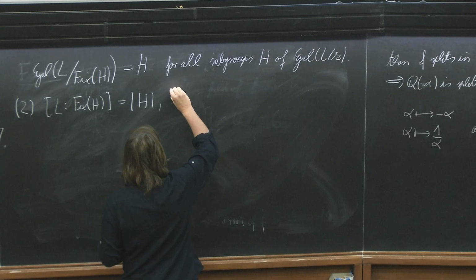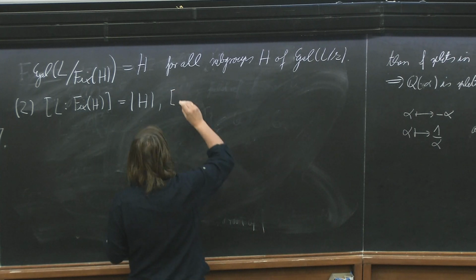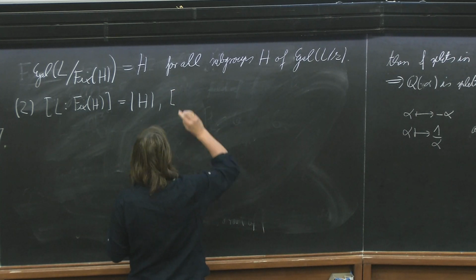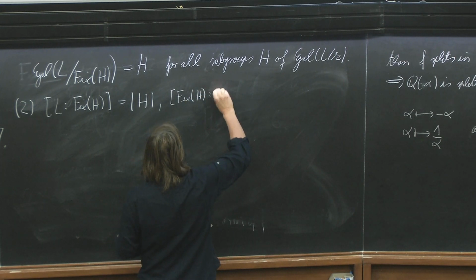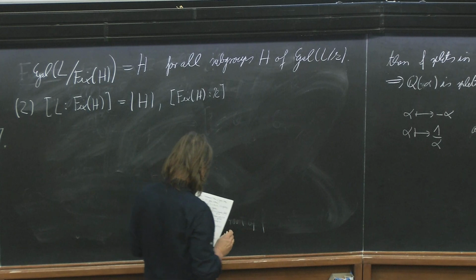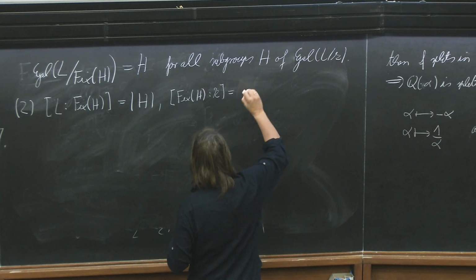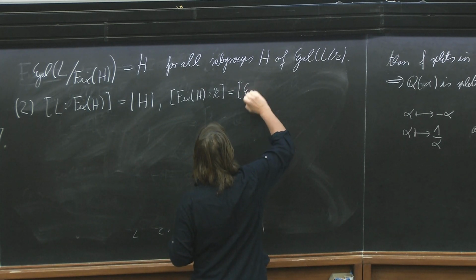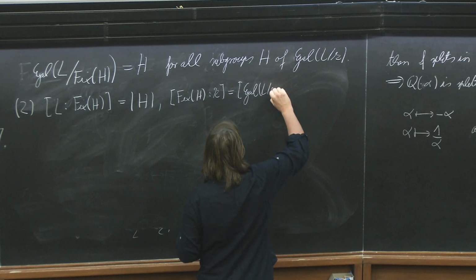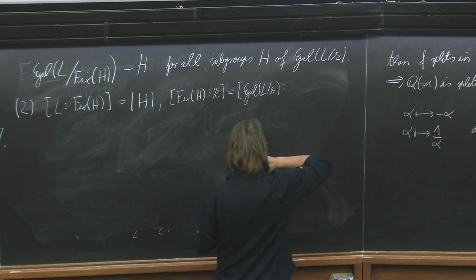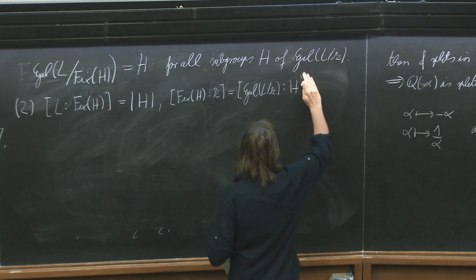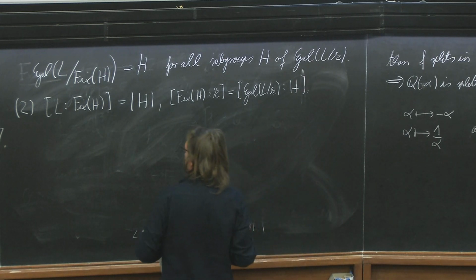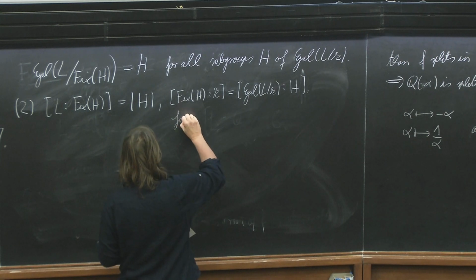And if I take the degree of the fixed field of H over K, this is equal to the index of H in the Galois group of L over K, for all subgroups H of the Galois group.